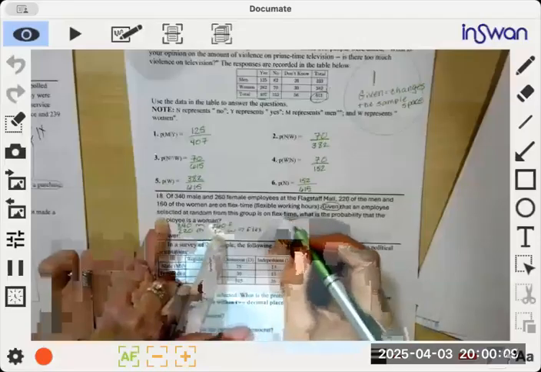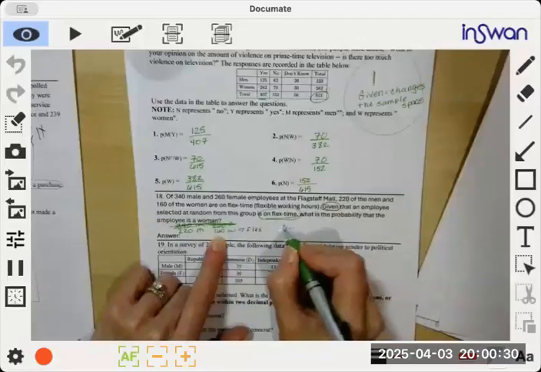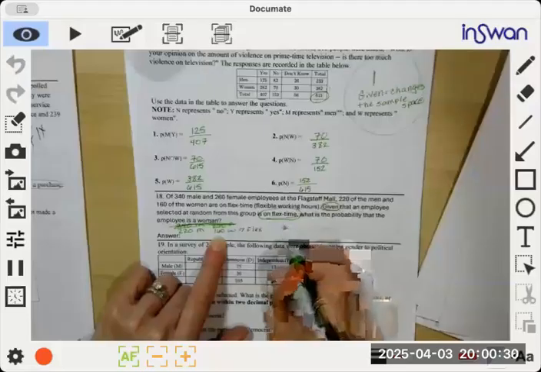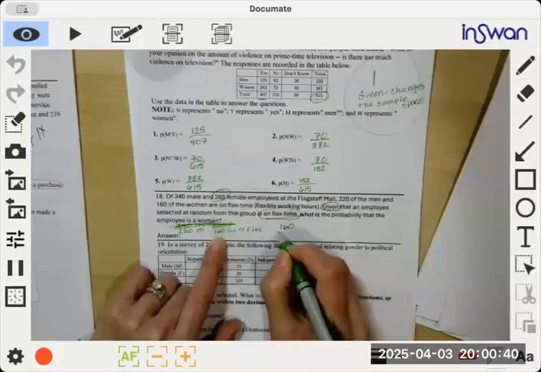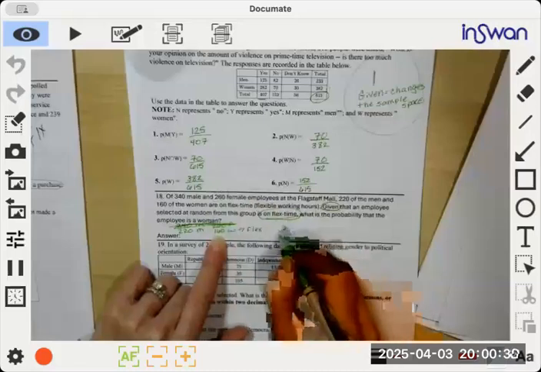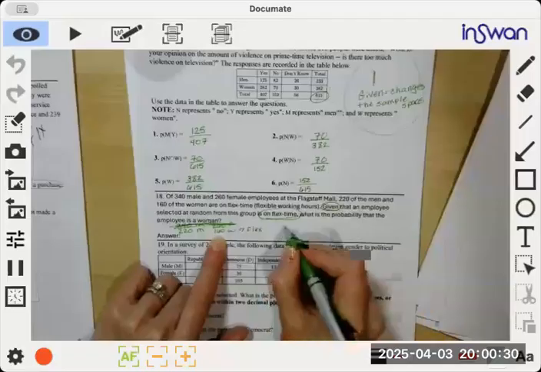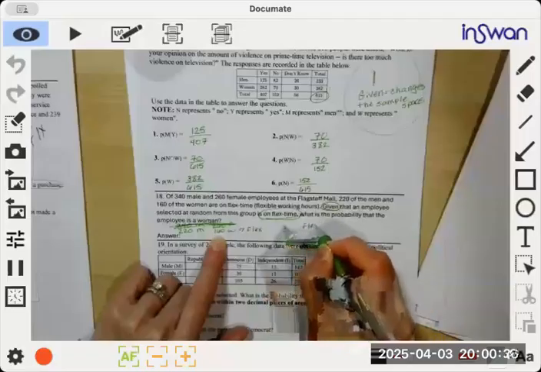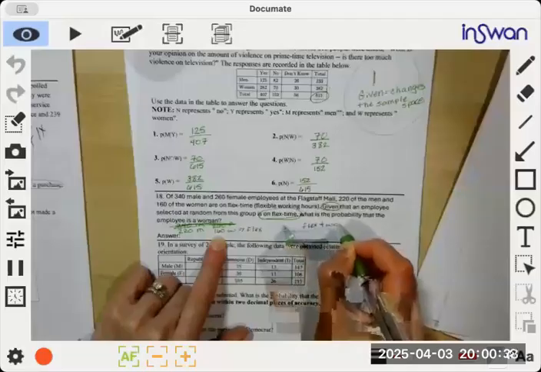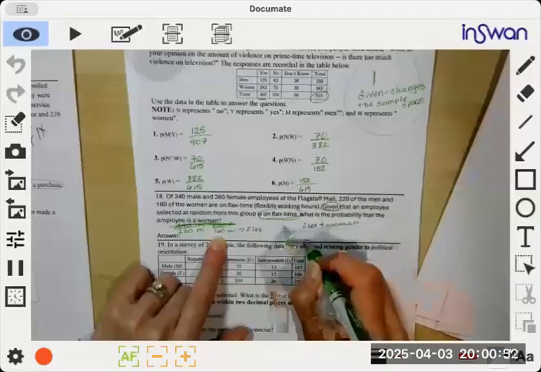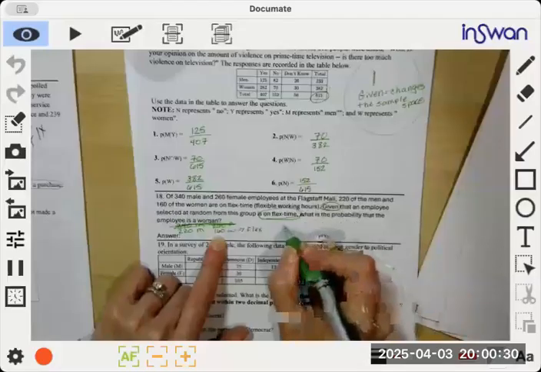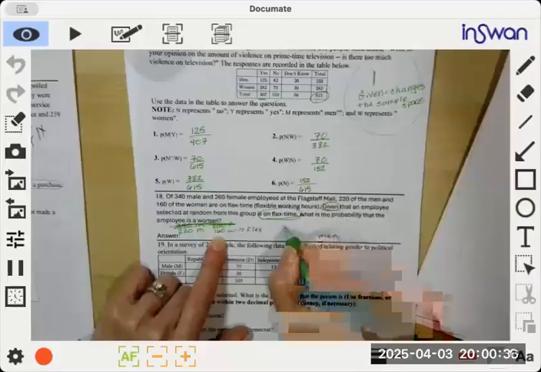So that is 160 out of just the 260 women. This is flex and woman, and this is just the women.